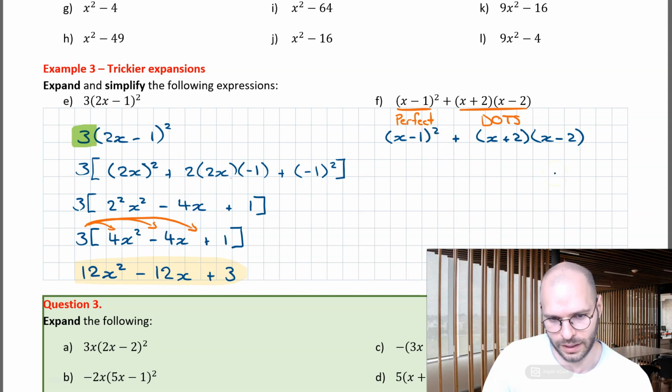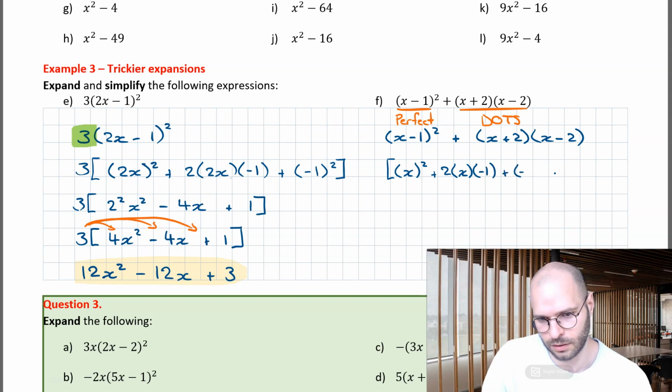So perfect square, that's going to be, and I'll do it in brackets, x squared, then plus 2x minus 1 plus minus 1 all squared. So that's our perfect.